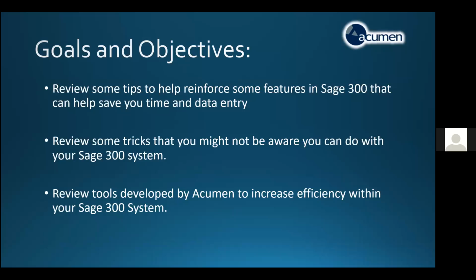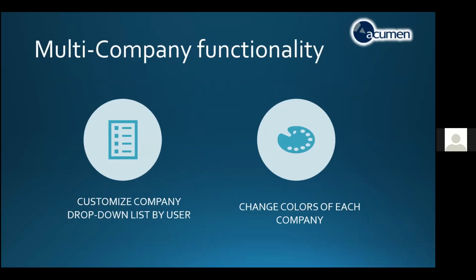So let's go ahead and jump right into it. I'm going to start with multi-company functionality. I'm going to jump back and forth between my PowerPoint and Sage 300 to actually show you things. Now, I'm going to go quickly today. This will be recorded and put out on the Acumen YouTube channel, just like all of our other webinars, so you'll be able to refer back to this.